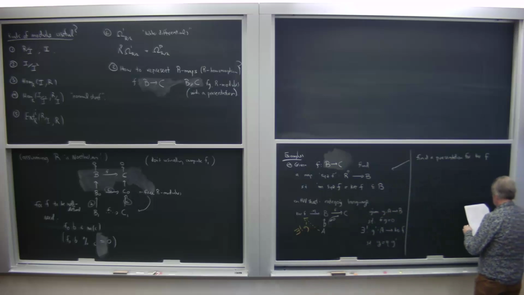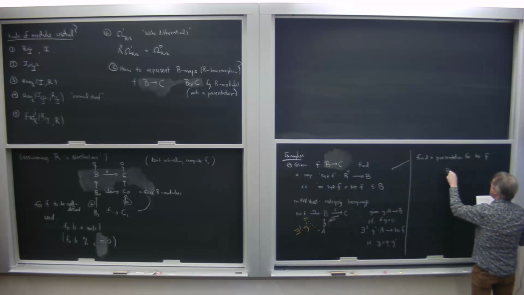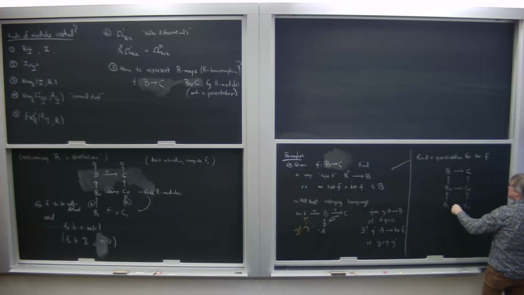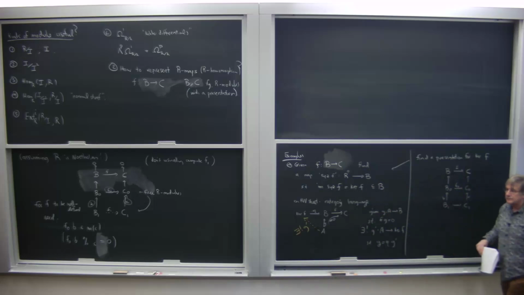Sure, I'm going to write down some stuff. Here's B to C. I hope I have enough room here. I think I do. This is B0 to C0, and this is B1 and C1. Remember, these are all free modules. This one we don't care about. This is F, but we're given it by giving F0, given the matrix B and the matrix C.